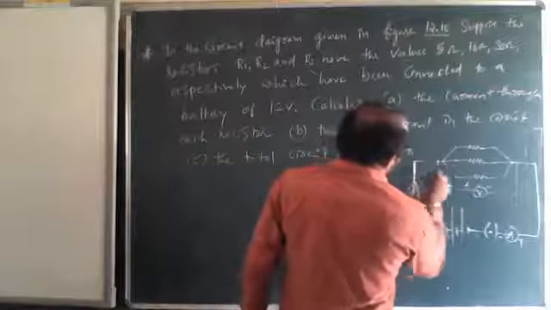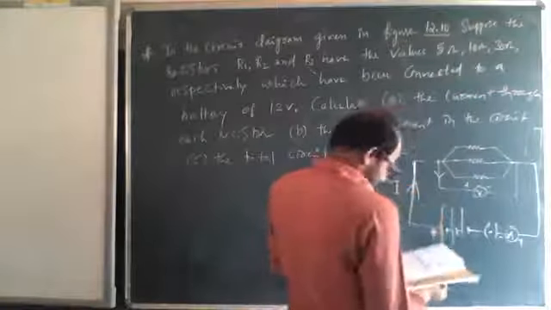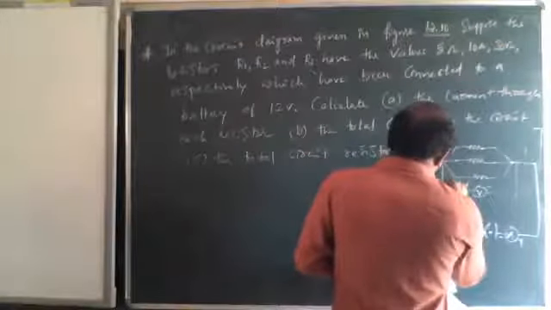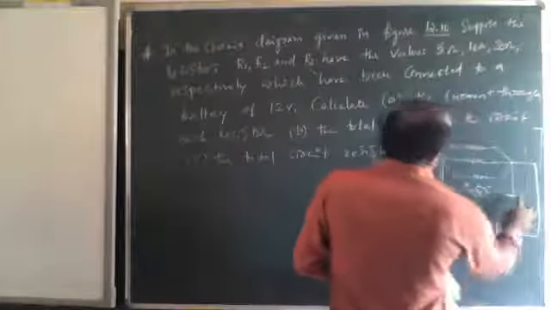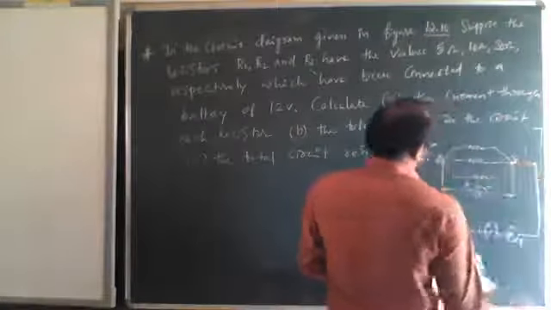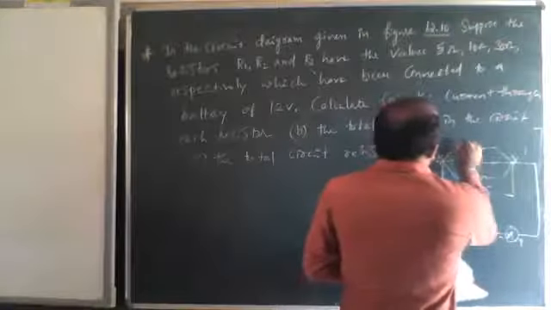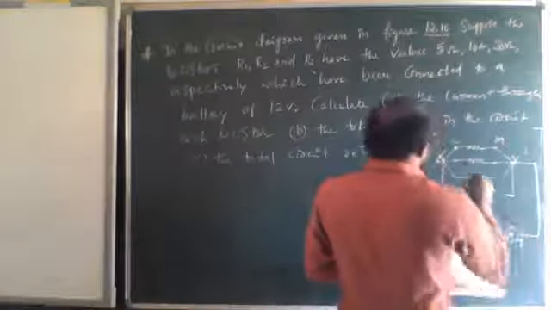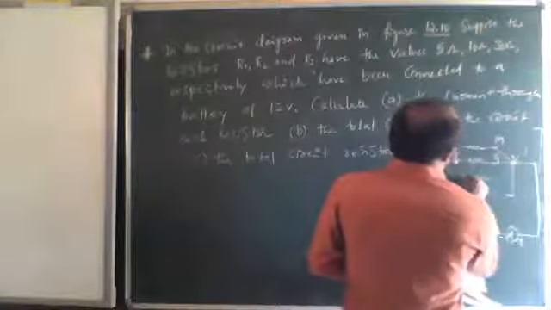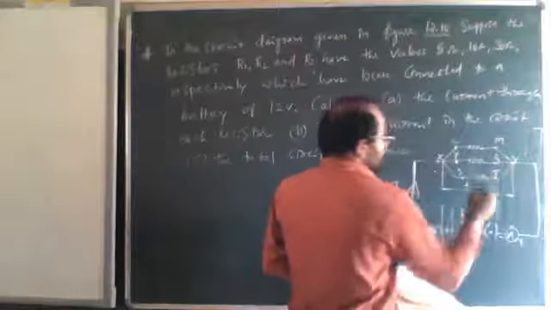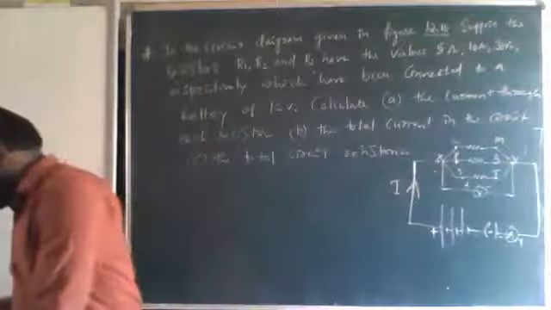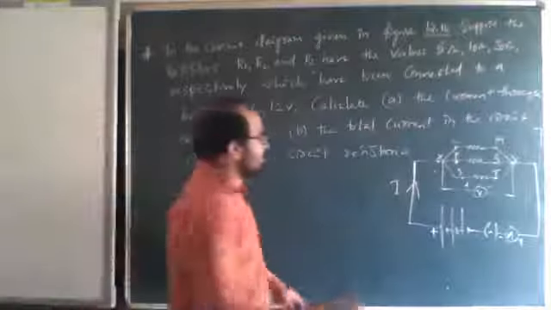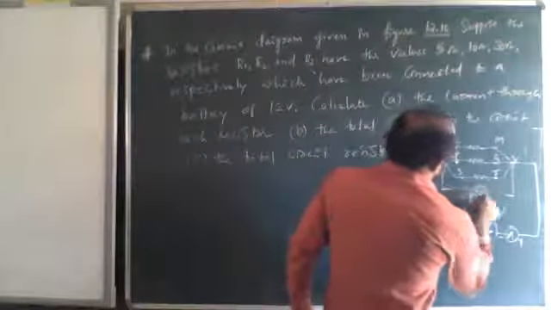Current will go like this and come like this. This is my X, this is my Y. Here are three points: L, M, PQ, ST. So I hope you all are clear. Plus, minus.